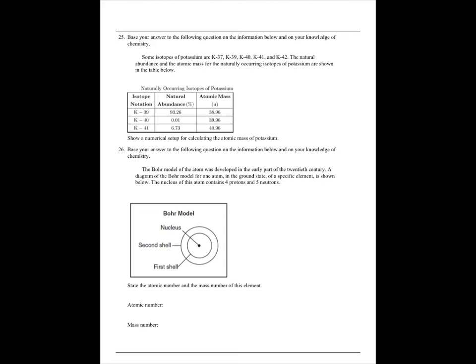So how do we show this? We're going to take each of these natural abundances and multiply by the atomic masses. However, these percentages have to be in decimal form. What does that look like? Let's start with the first one.